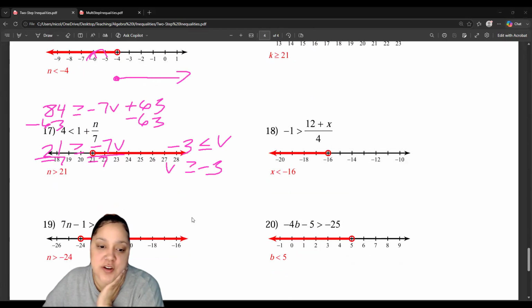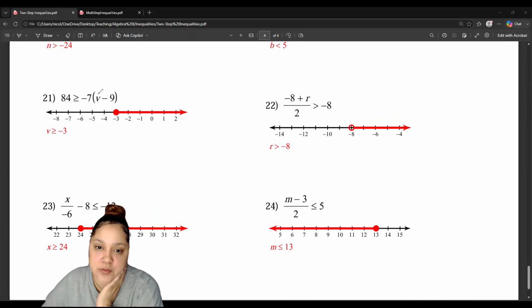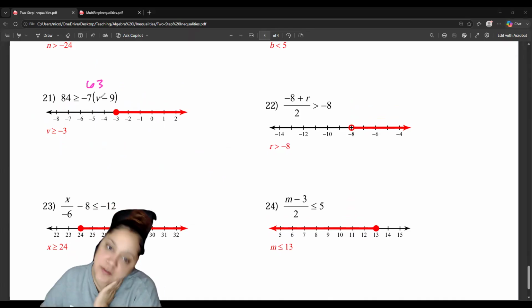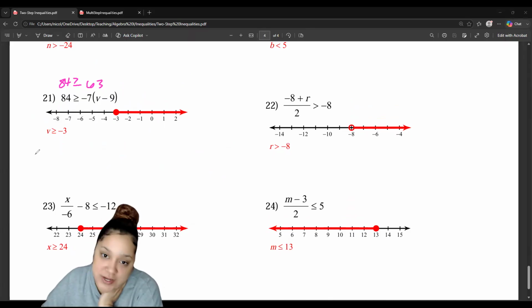You can always check your answers with these. So if you're unsure, oh, was I supposed to flip the sign? Well, you can check your answer. So for example, plug in 0. When you plug in 0, you get 0 minus 9, which is -9. -9 times -7 is positive 63. So is 84 greater than or equal to 63? Yes.